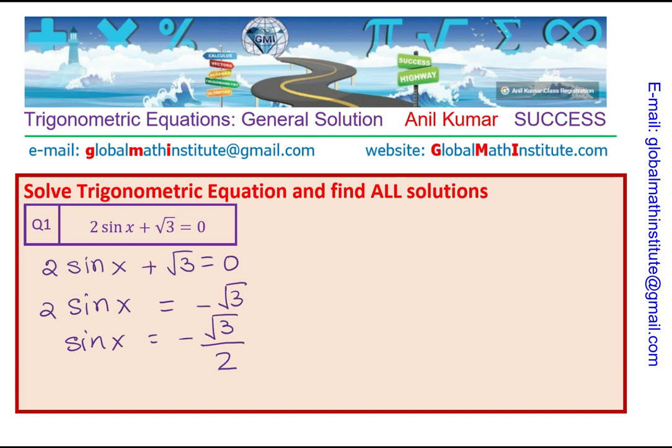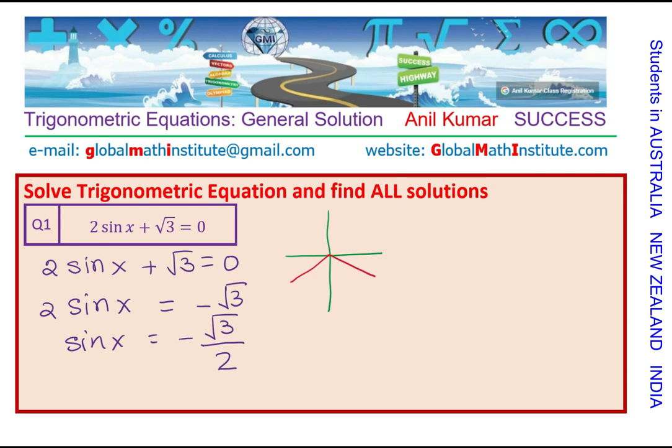Two things. One, sine x is negative, which means the solution lies in quadrant 3 and 4. We have applied the CAST rule.